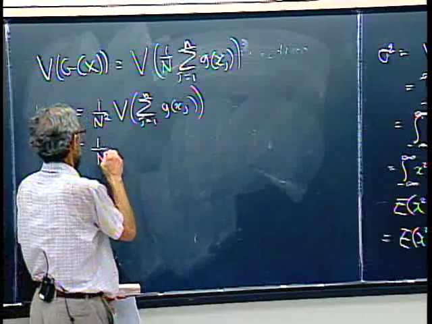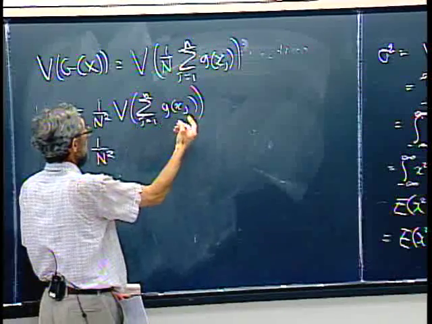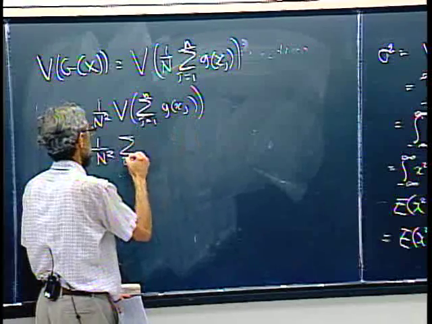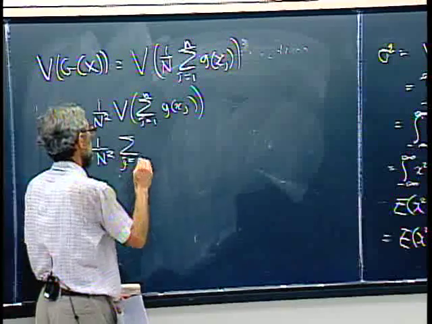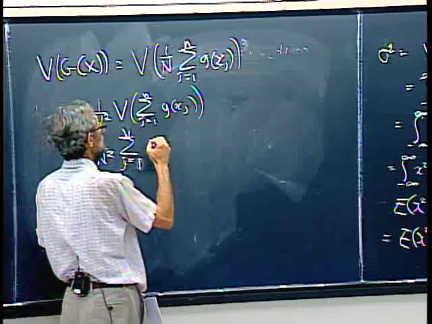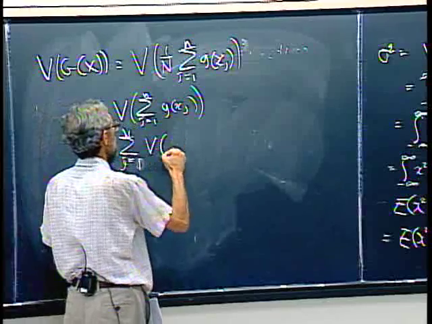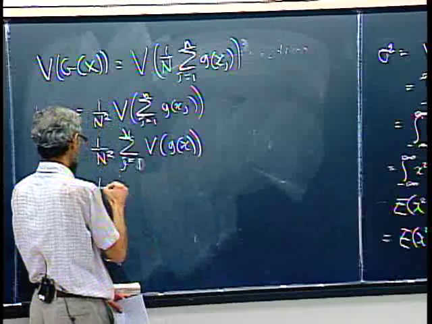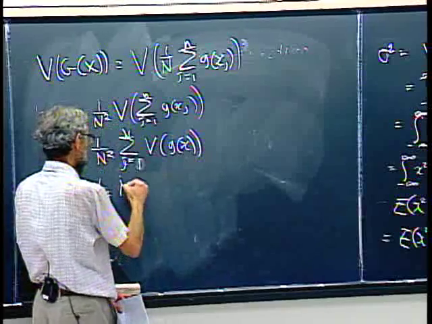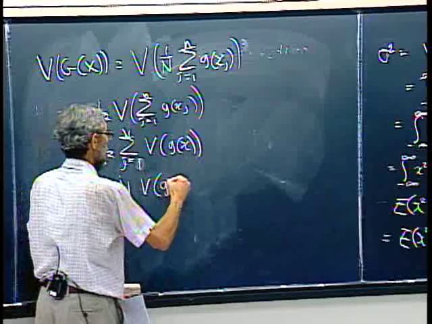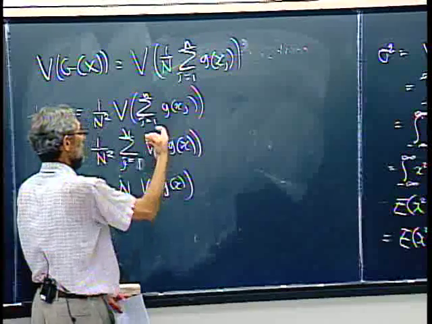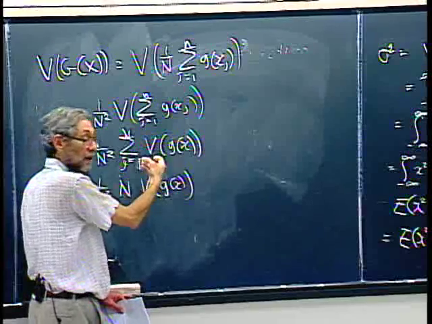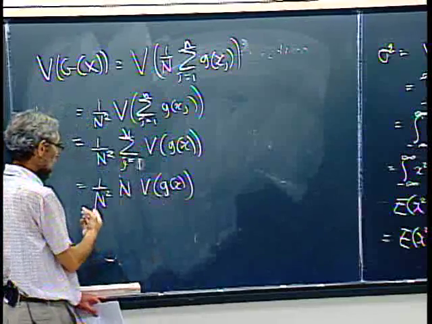So since they're independent, the variance of the sum is the sum of the variances, j equals 1 to n. And since it's really all the same experiment, it's just the variance of this g of x, and like before, this is just n times the variance of each experiment. So to get from here to here, I used the fact that the experiments were independent. And now the n's don't completely cancel.